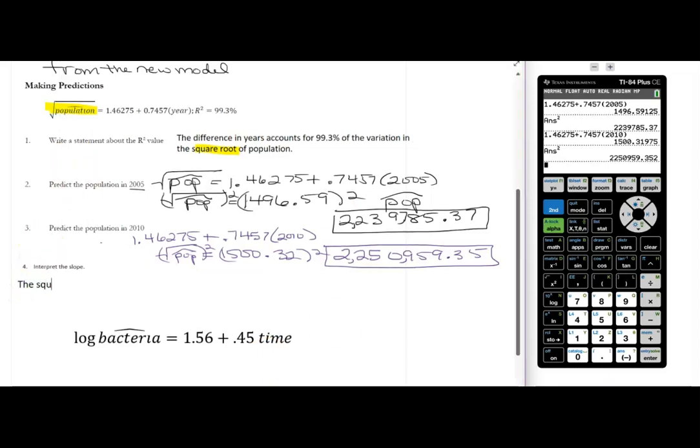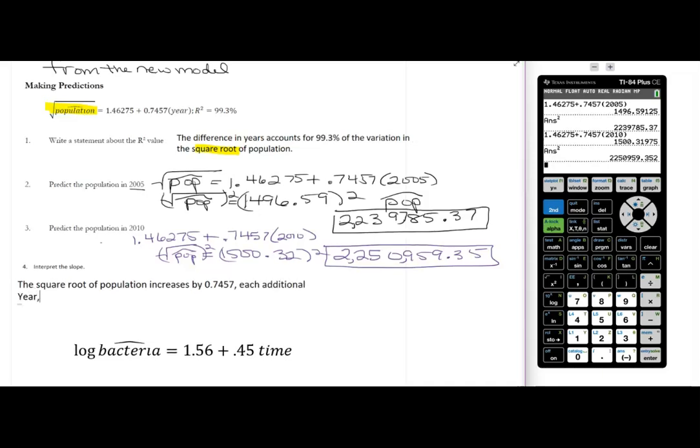So the square root of population increases by the slope 0.7457 each additional year on average. So again, because I have the square root of population, that's my y, I had to include that in my statement.